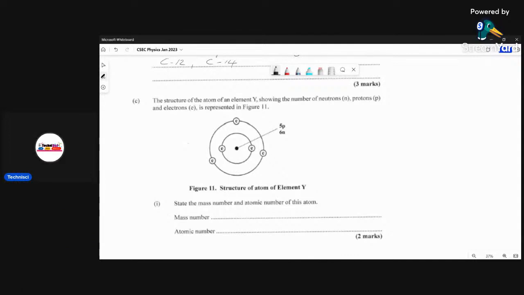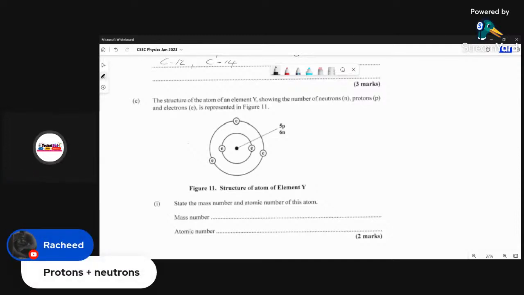Excellent. Protons plus neutrons. So we look here, 5p plus 6n gives you 11. And atomic number is the number of protons. What is the atomic number? Excellent, Rashid. You're on a roll.